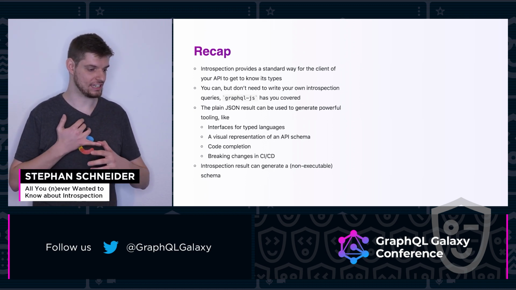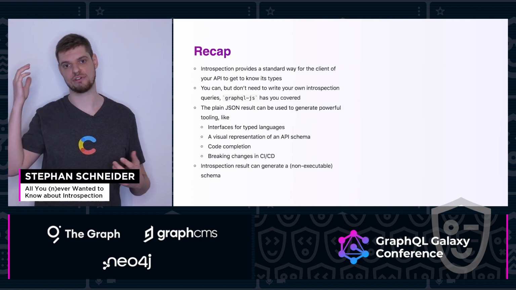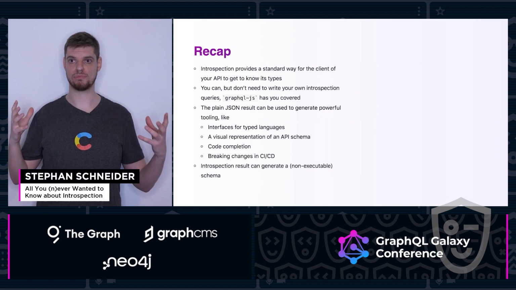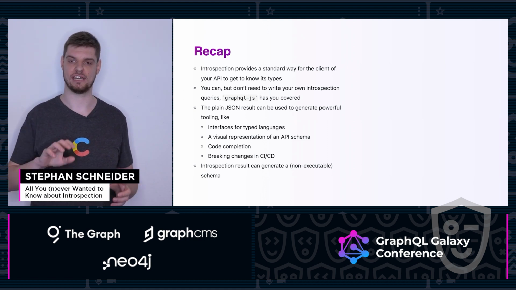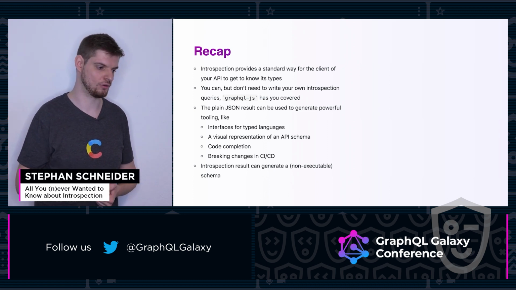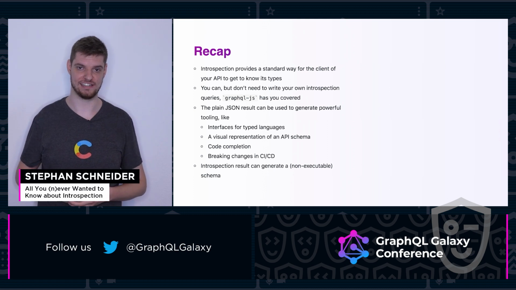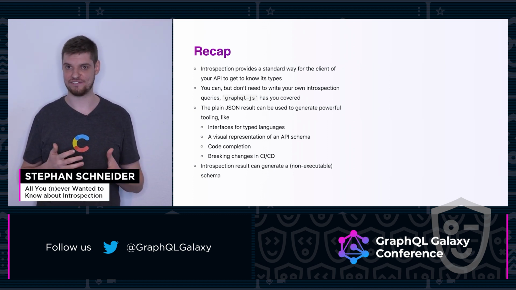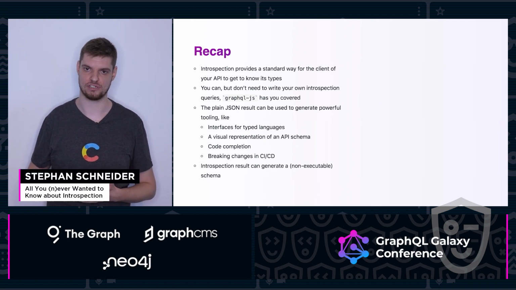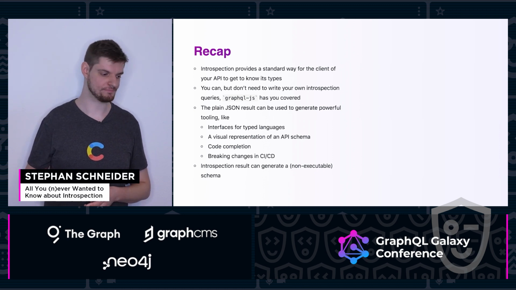We can get a visual representation of our API schema and see how different types relate to each other, which could be quite cool, especially in a more complex model, so that you can actually see, okay, this field points to this other type, and you can see how it flows through your system. We can get code completion, which is basically the reason for the talk, like GraphiQL does, that when you type, you will get all the field names that match, so you can use autocompletion and are aware which fields are available.